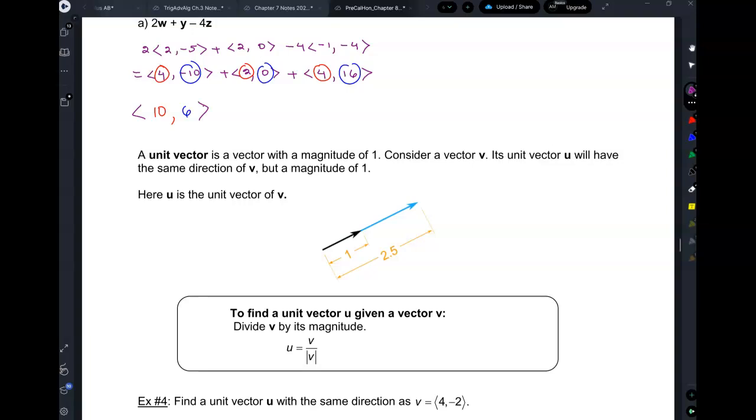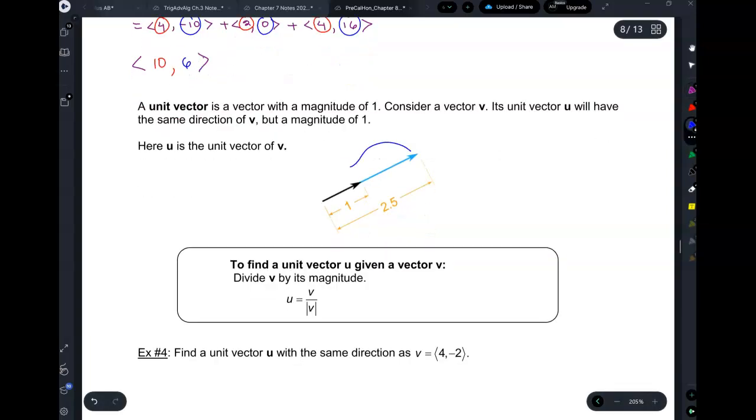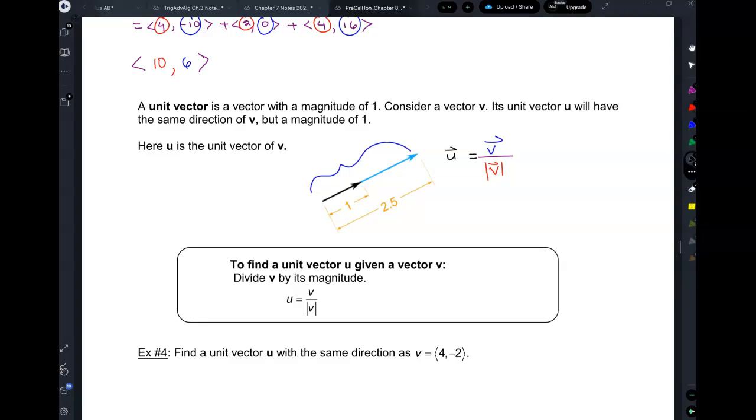So here, I have a vector which is 2.5 units long. If I want to scale it down and make it 1 unit long, I just have to divide by 2.5, okay? So that means I take the vector v and then I divide it by the magnitude of the vector, and now that becomes a cute little vector which I call U for unit vector.